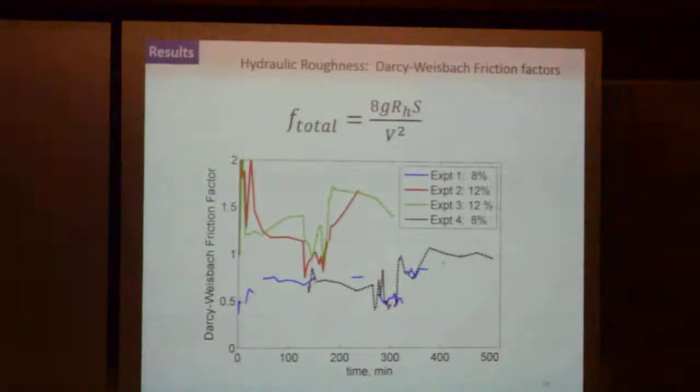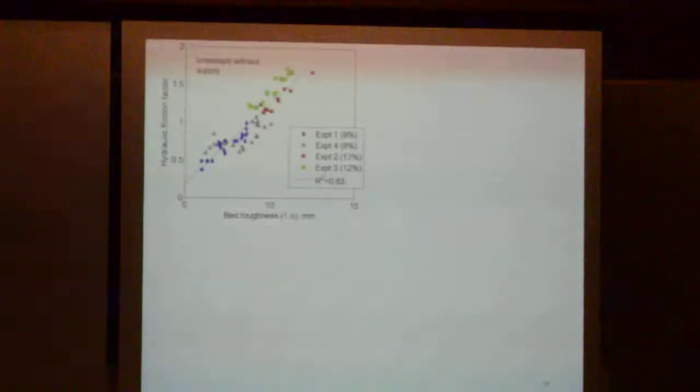And it actually shows a similar trend to the topographic roughness. And if we compare those, here I'm showing bed roughness on this axis versus the hydraulic roughness there. They correlate pretty well with an R squared there of about 0.03.